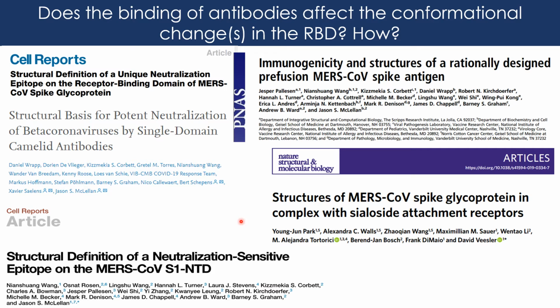However, we have been limited because all the cryo-EM pictures that we get are static snapshots, and we do not get a clear idea of what is actually happening in real time and how the dynamics are being governed. So these are some of the articles that you can go through which discuss in detail how the binding of antibodies to different regions of the spike are governing the conformational changes in the RBD.